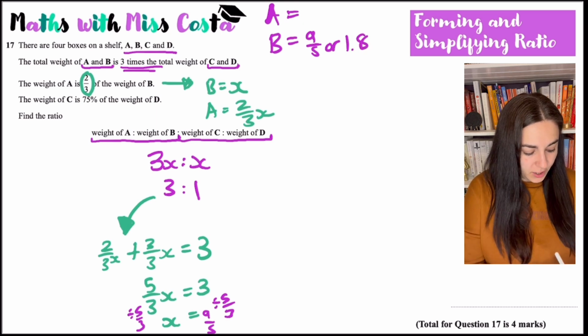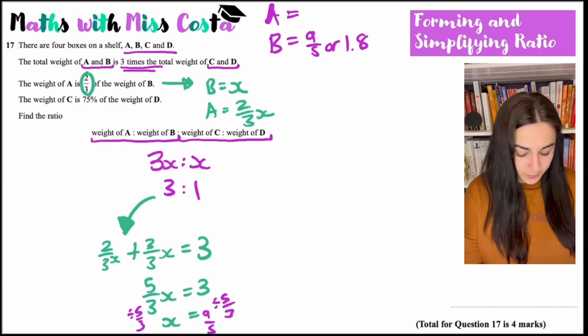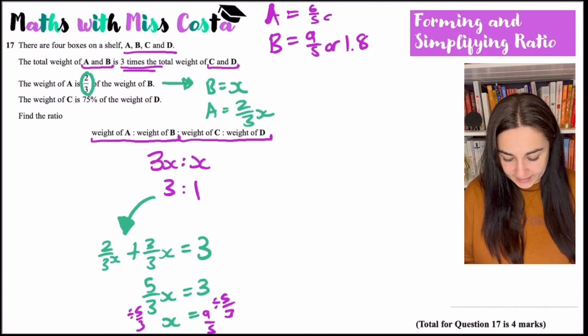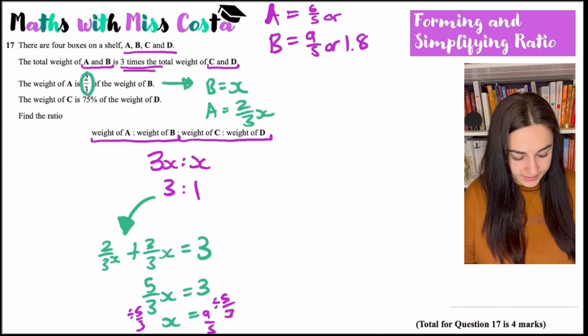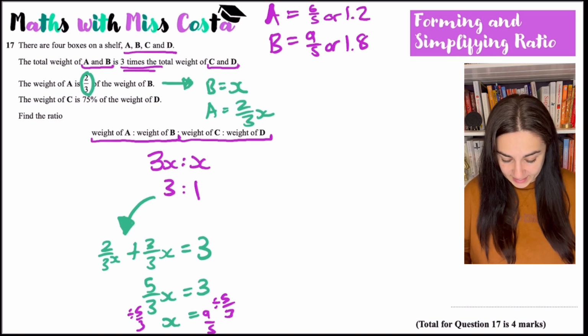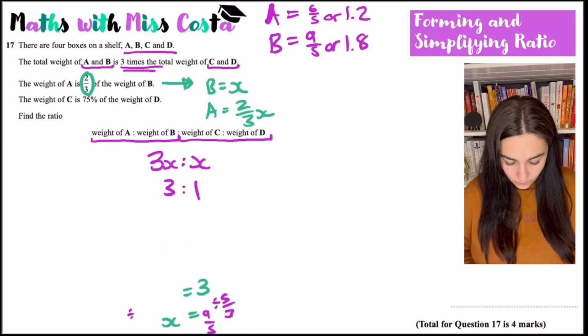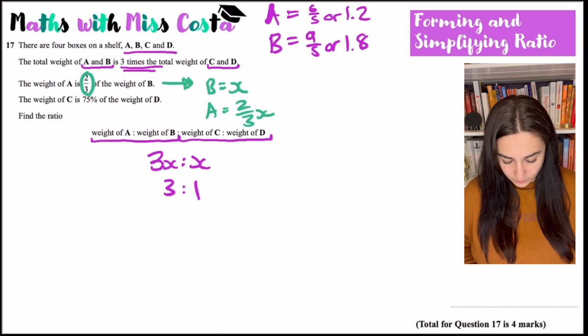And then times that by 2/3 to figure out the value of A. That would be 6/5, or in decimal form 1.2. So I figured out what the ratios of A to B must be, and that would be 1.2 to 1.8.